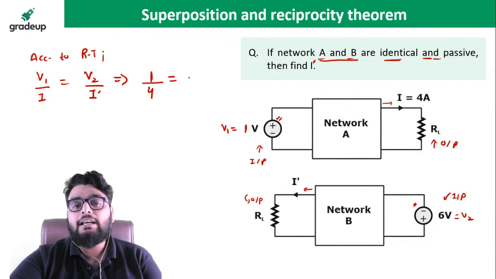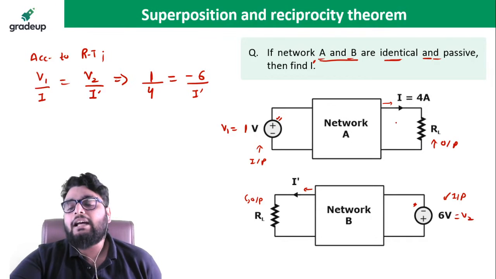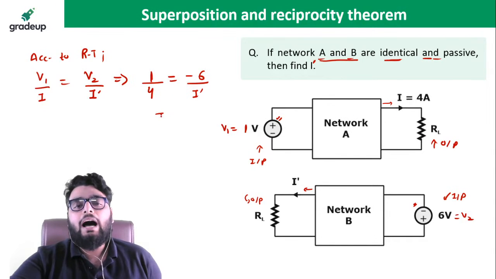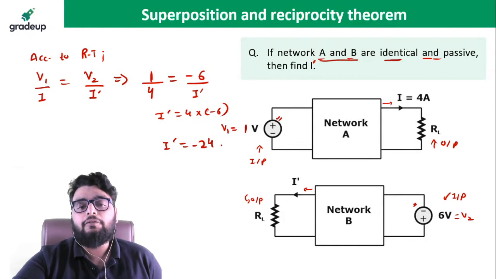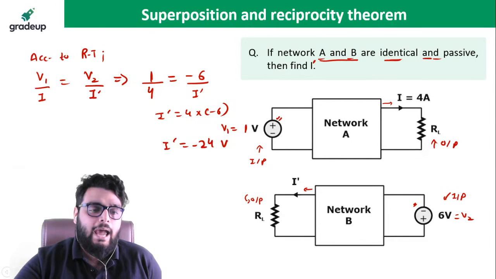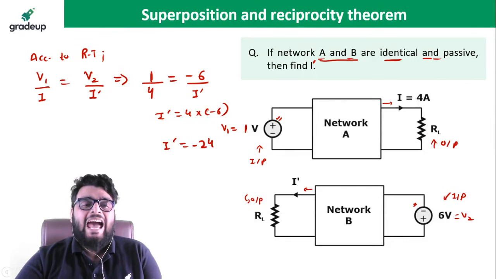V2 will be minus 6. And the direction of current I dash is the same as the direction of current I. So I dash comes out to be 4 multiplied by minus 6, which is minus 24 ampere.